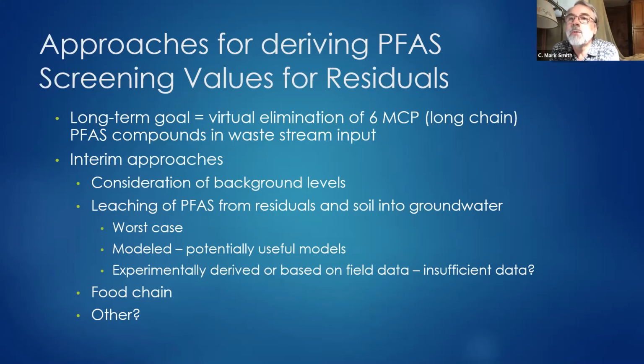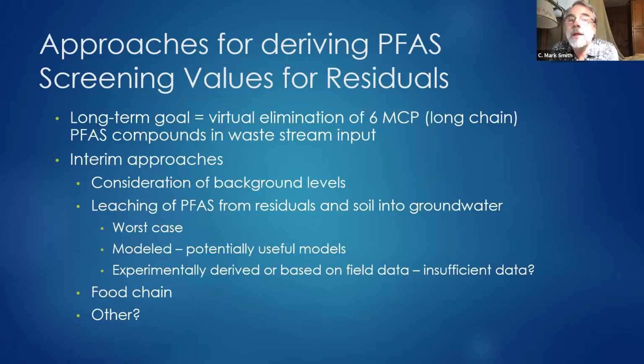So the long chain ones would include the 6 compounds that we're regulating under the MCP and in our drinking water standard. These are of particular concern because of their extreme toxicity and their persistence in the environment. So I think that's a long-term goal that society is moving towards and has been moving towards now for a number of years, but we're certainly not there yet.